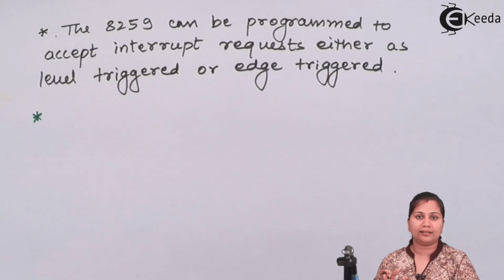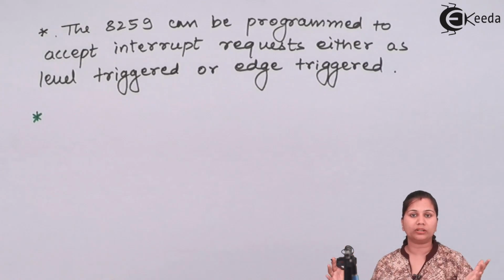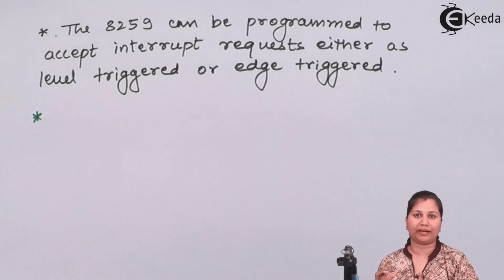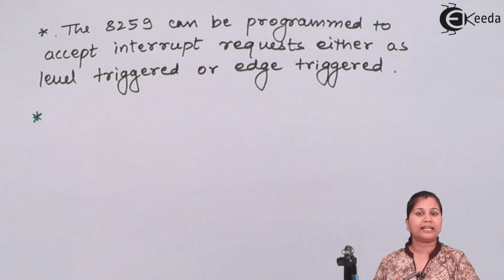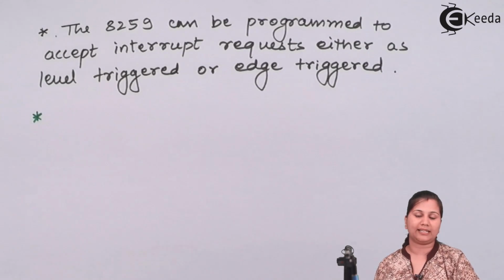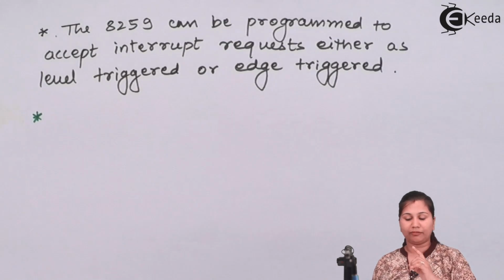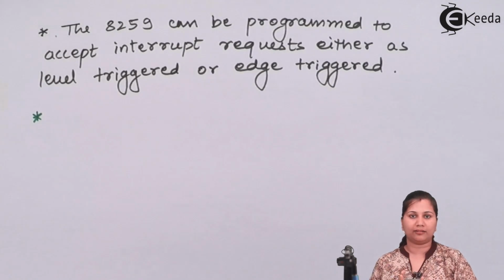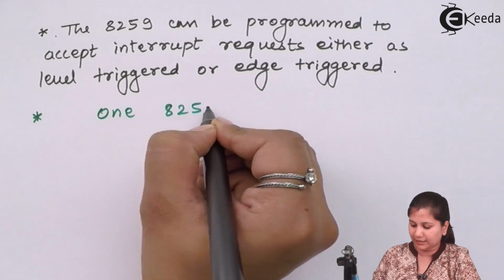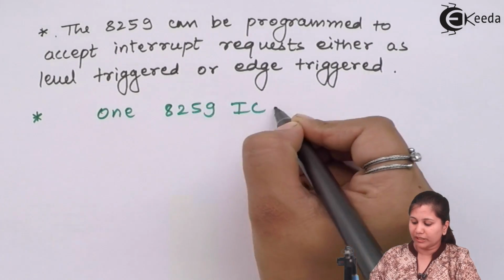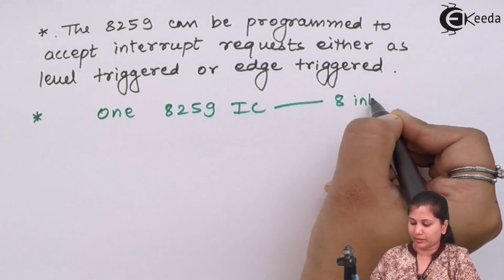We can cascade, means we can connect more than one 8259 IC, and if we connect 9 8259 ICs, then we can handle 64 interrupt requests at the same time. But if we are using only one 8259 IC, it is going to handle 8 interrupts.